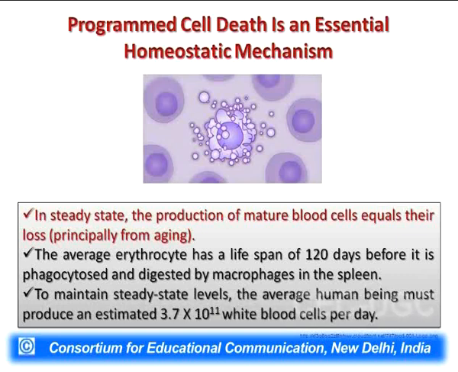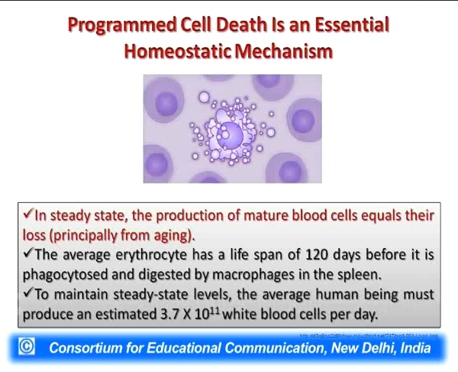Now, how exactly is this happening? All these cells have a particular lifespan, after which they start aging, and once a cell ages up to a particular limit, it is replaced in that particular organ with the production of a fresh cell.